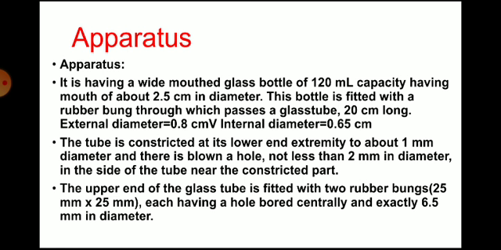The tube is constricted at its lower end to about 1 mm diameter, and the upper end of the glass tube is fitted with two rubber bungs, each having a hole bored centrally exactly 6.5 mm in diameter.